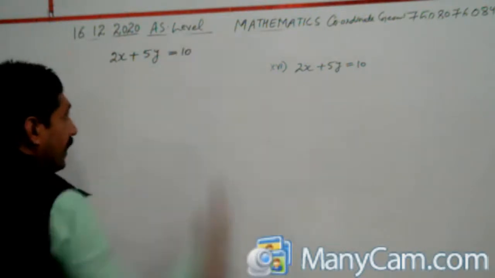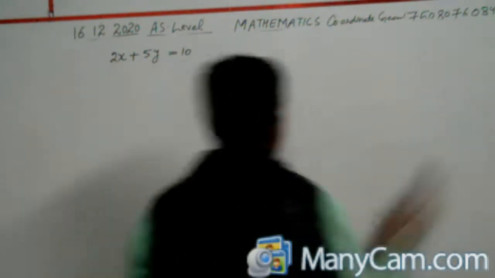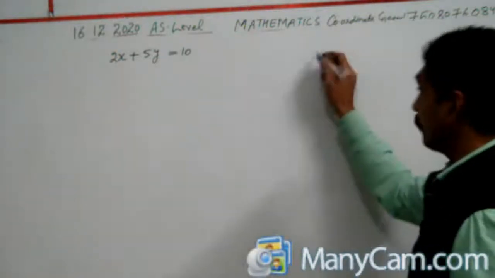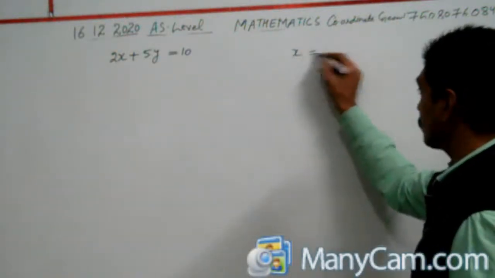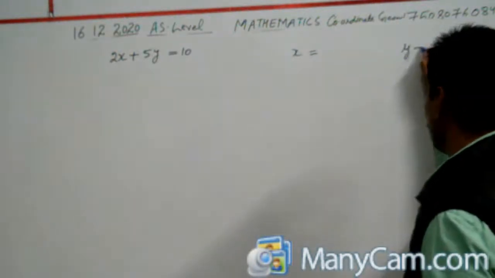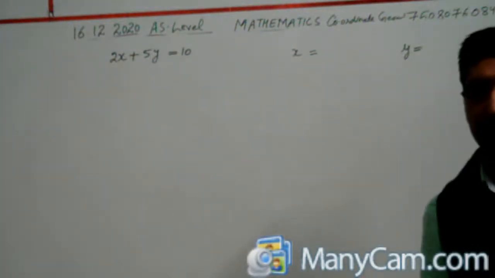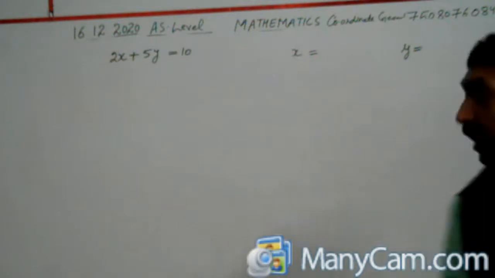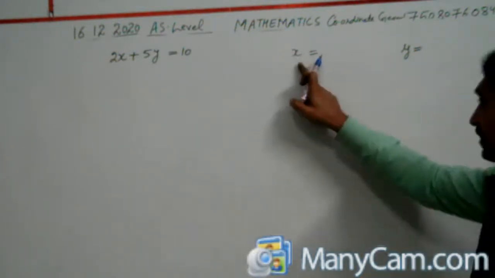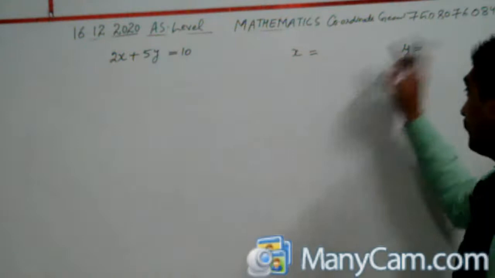Now we can write this in two ways. We can write it in terms of x or in terms of y. It is our option. When we have to sketch these equations, it is up to us whether we want to write x in terms of y or y in terms of x.